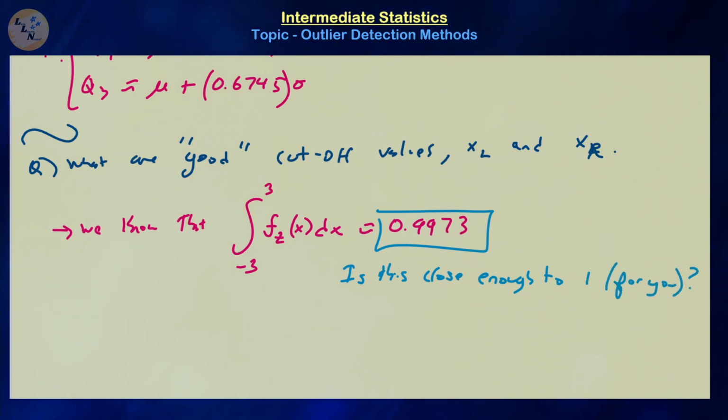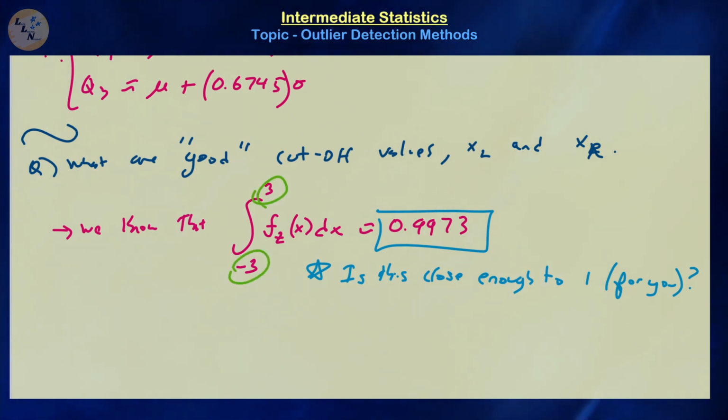For you in particular, if the answer is yes, then we can define -3 and 3 as the lower and upper cutoff values for outliers.